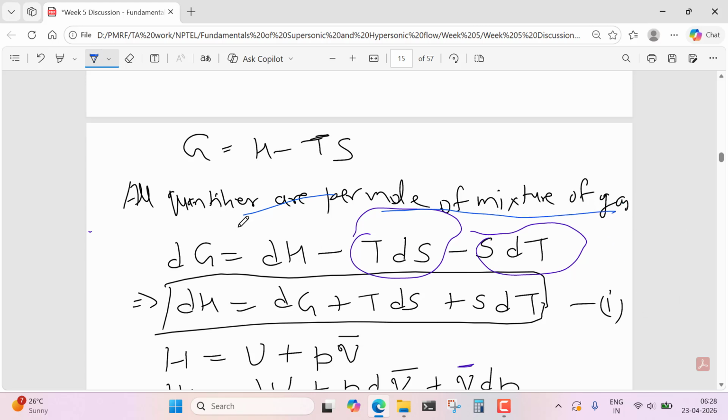Now we'll take the derivative of this equation. We will get dg equal to dh minus tds minus s dt. We will write everything in terms of dh. So dh equal to dg plus tds plus s dt.